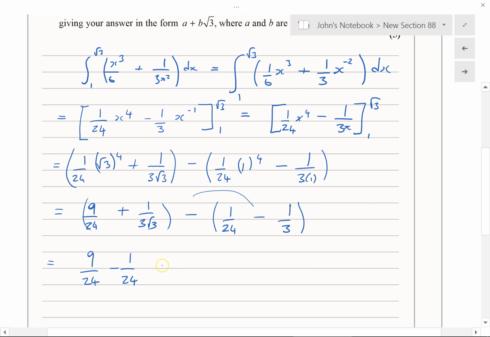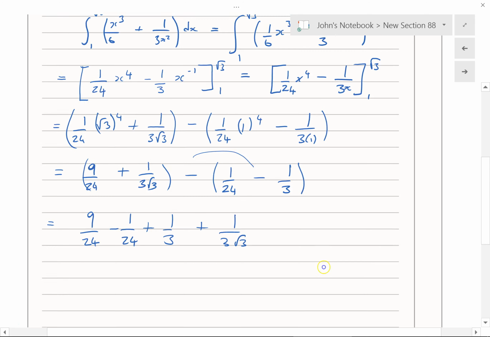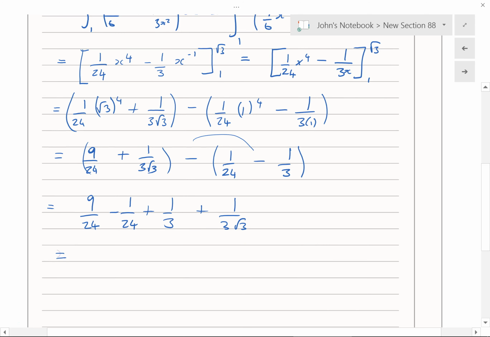Now we're going to have a double minus here, plus 1/3, and then plus 1 over 3, the square root of 3. Combining these, that's 8 over 24, plus 1 over, let's rationalise this, so times by the square root of 3 on top and bottom.